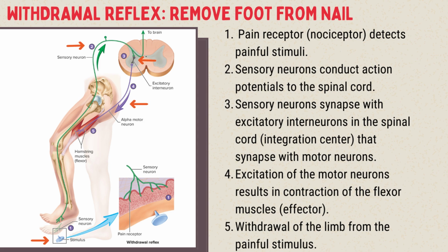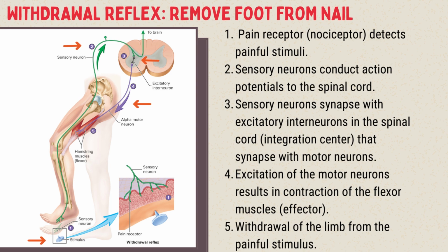First, a pain receptor, known as a nociceptor, detects painful stimuli. This causes a sensory neuron to conduct action potentials toward the spinal cord. The sensory neuron synapses with excitatory interneurons in the spinal cord. The spinal cord is the integration center.